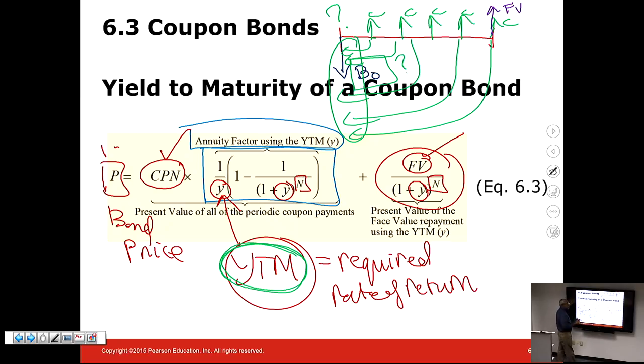And it should be discounted at the required rate of return. Based on the riskiness of this investment, what is the rate of return investors require from this investment? That's the rate at which it should be discounted. Once we can impute that, then we can calculate the bond price. P or B0, whichever. I like to use B0 because B indicates bond, and 0 indicates that this is being priced at time 0 today.